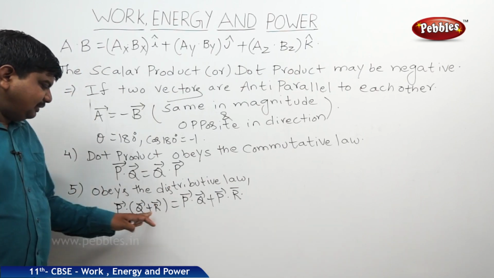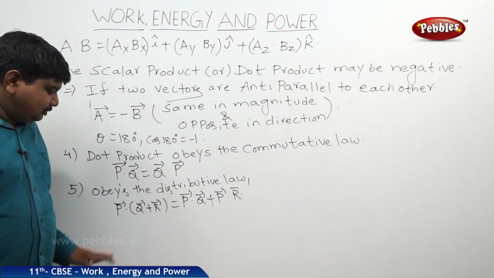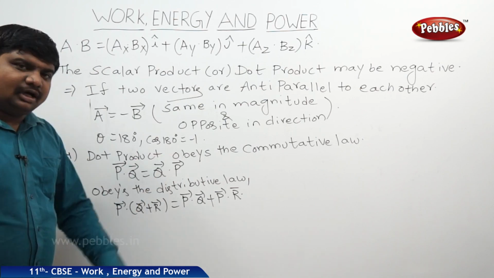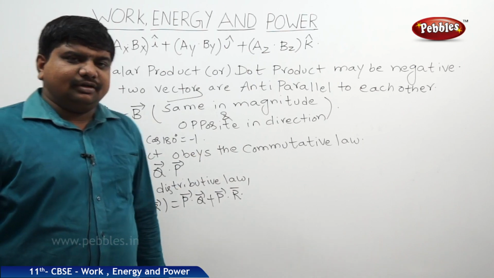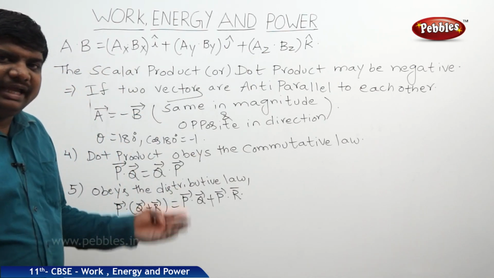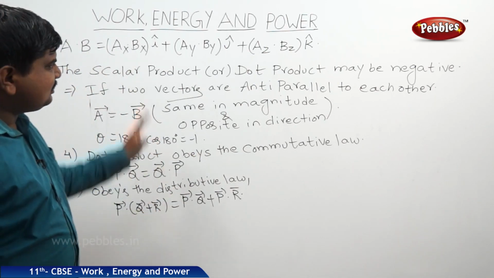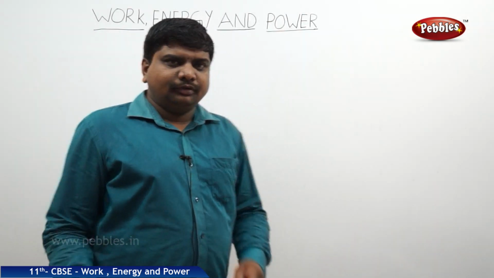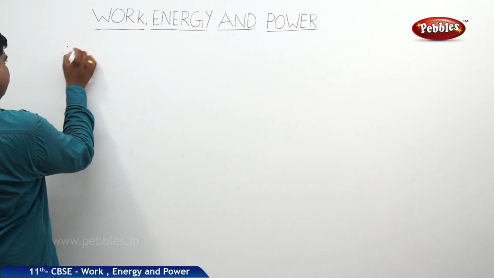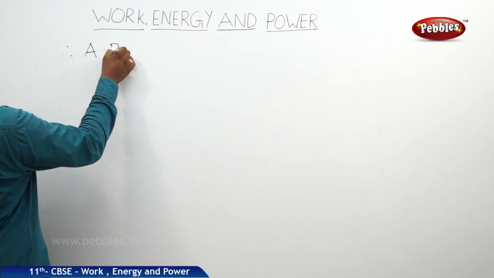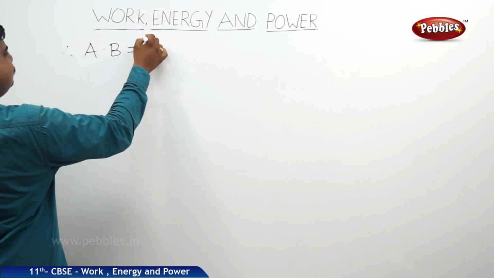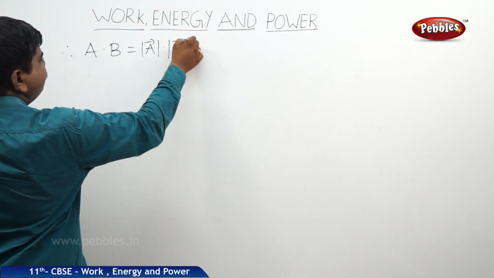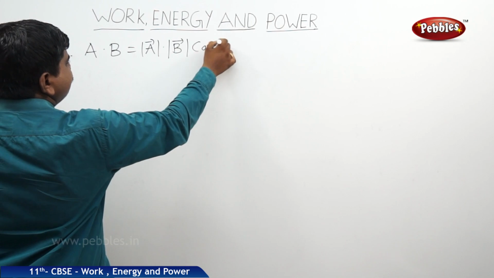So we can multiply like this. P bar dot (Q bar plus R bar) is equal to P bar dot Q bar plus P bar dot R bar. Like this we can see the list of obeying or non-obeying of the laws. These are the properties of the scalar product. We know that A dot B is equal to mod of A bar into mod of B bar into cos theta.